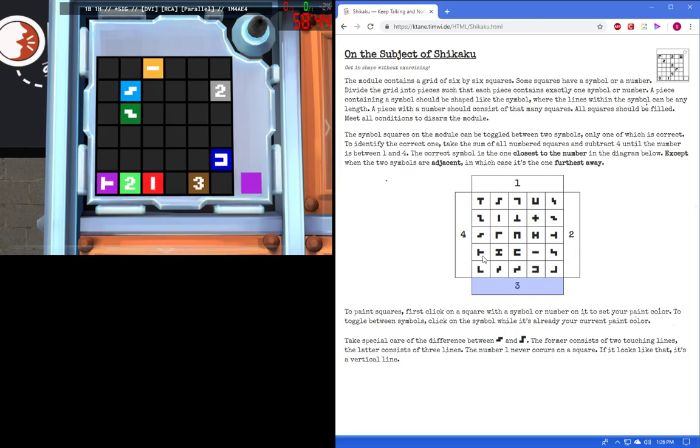Well actually, in this case I would say T rotated counterclockwise. Then we have I and T. Let's find T here. Having a bit of difficulty. There it is. And that's it. So now it's all about figuring it out.